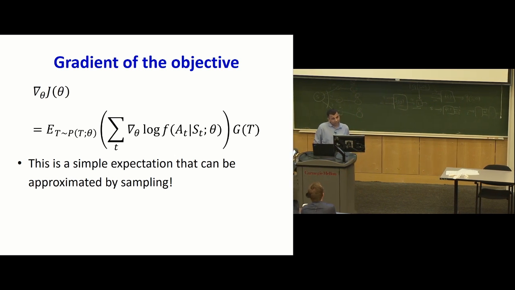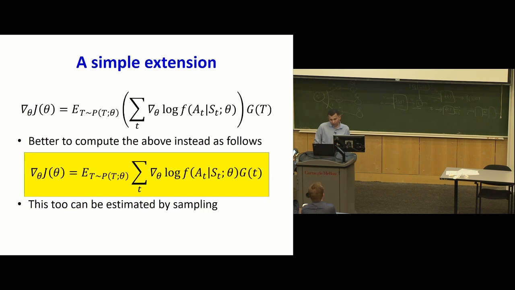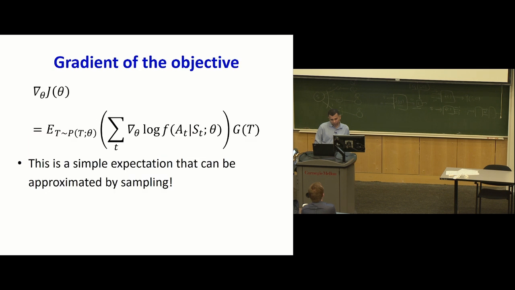So this is still an expectation. I still have to sum over infinite trajectories to get this right, except now, expectations we know can be approximated by sampling. I can sample an average, and sampling and averaging gives me a pretty good estimate for an expectation.